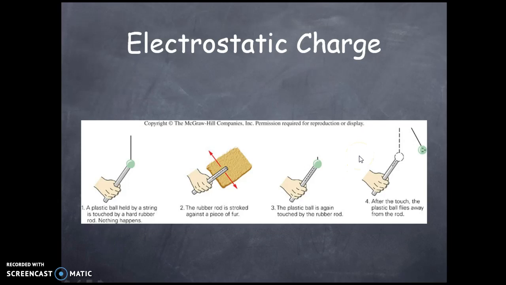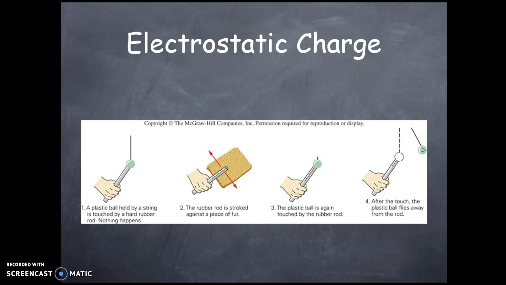The reason it is doing that is whenever the rod is rubbed against the fur, the positive charges will be removed from the rubber, or the negative charges will be added to the hard rubber rod. Because it has excess negative charges, the rubber rod became a negatively charged particle.